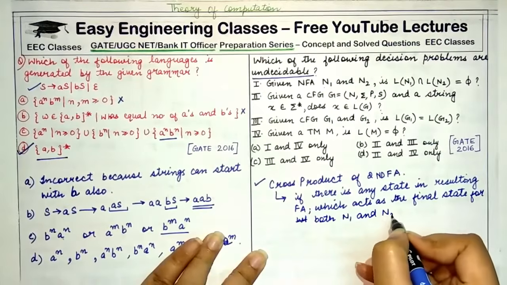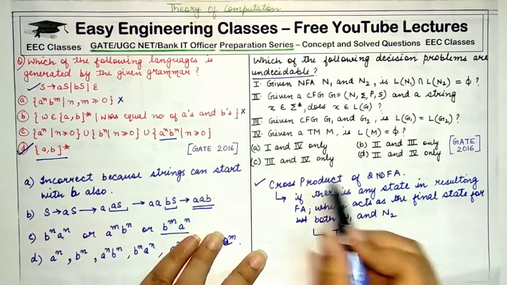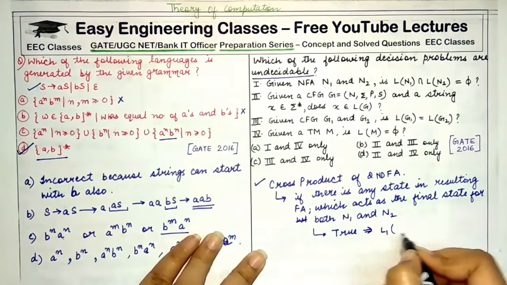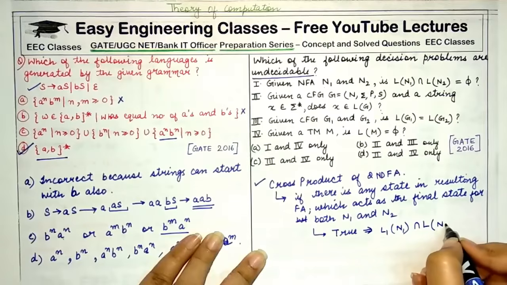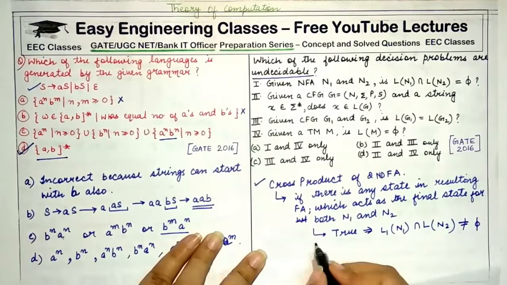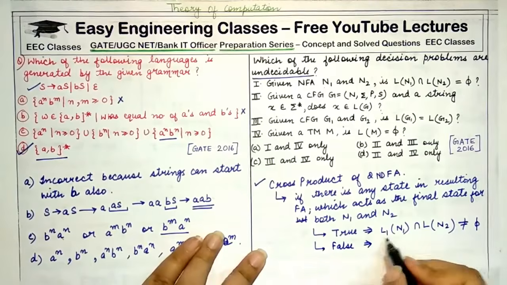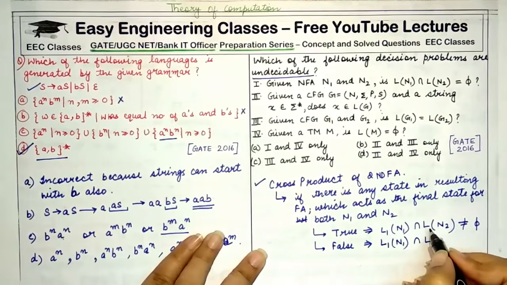Okay, if yes, this is true, there is a state that is a final state for the languages generated by N1 and N2, then the intersection is not null. If it is false, there is no common state, then yes, the intersection of the two languages is empty, or there are no common strings in the languages generated by these two NFAs.